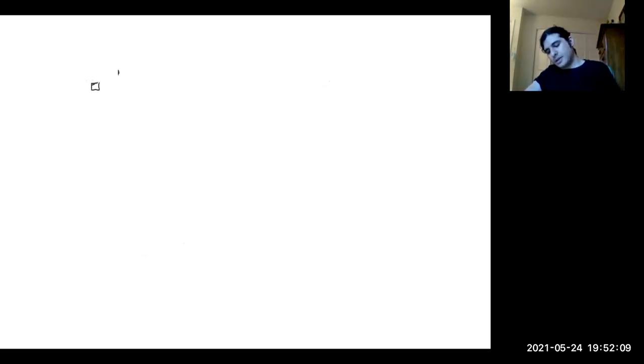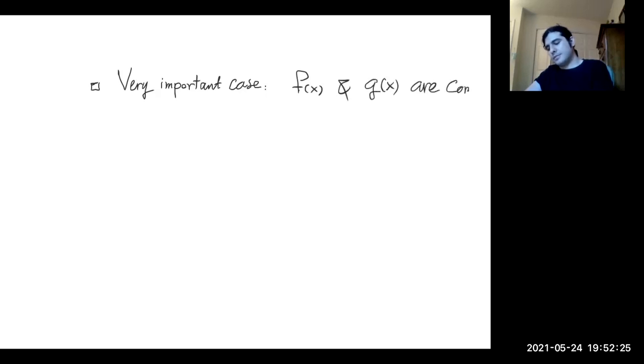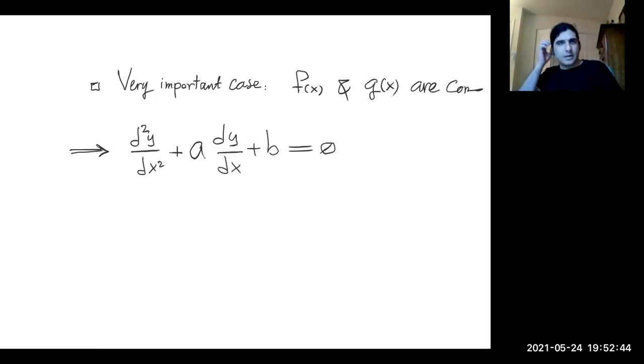So the functions f of x and g of x are constants, and the equation would have this form: the second derivative of y with respect to x plus some constant number a times the derivative of y with respect to x plus another constant b is equal to 0. And this is the example we would first focus on.